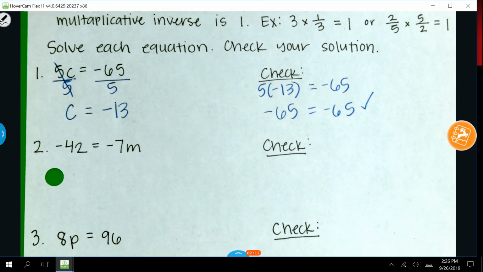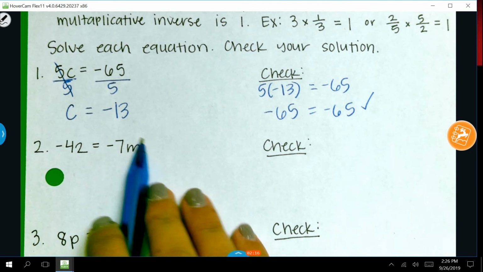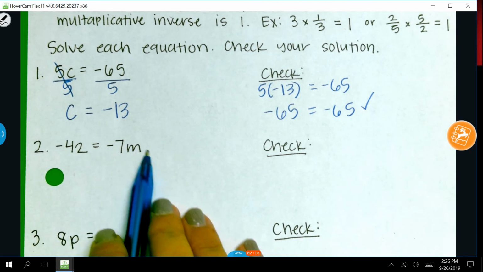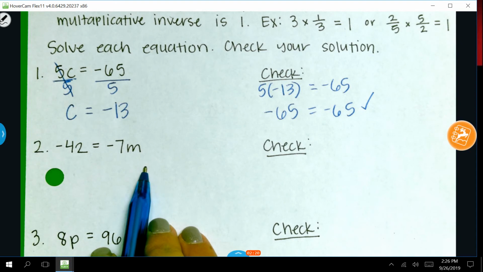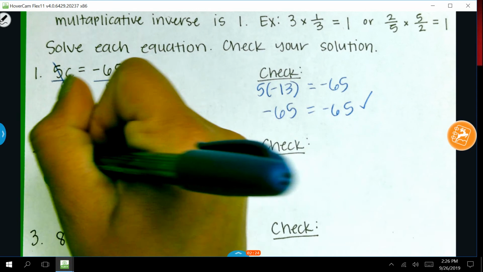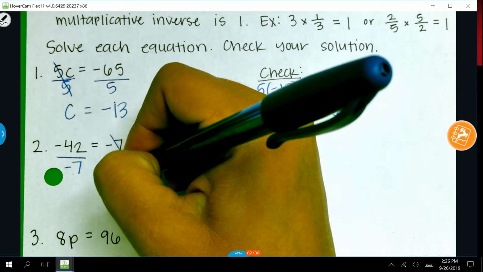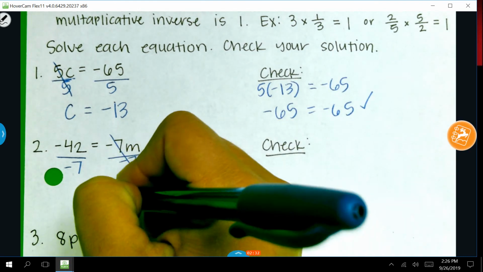Alright, number 2. Negative 42 equals negative 7 times m. So I'm solving for m. What do I need to do? Divide by negative 7, and you're dividing both sides by negative 7. On the right-hand side I'm just left with an m.